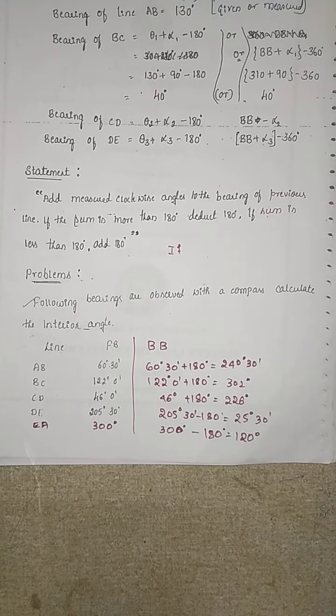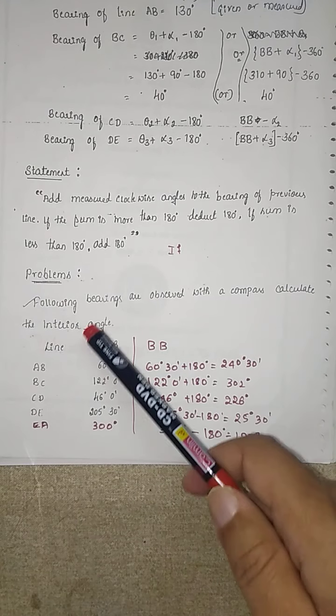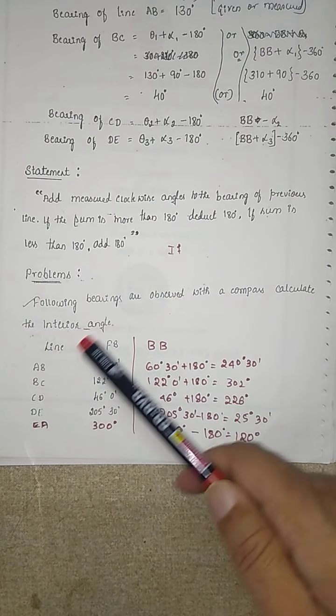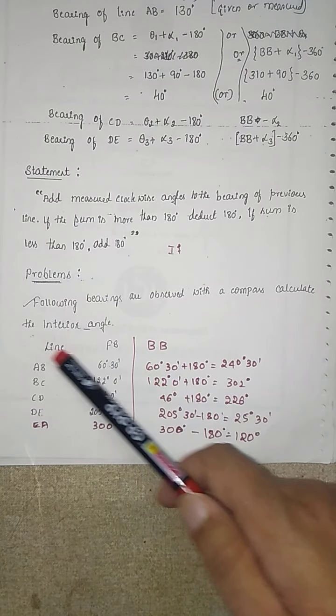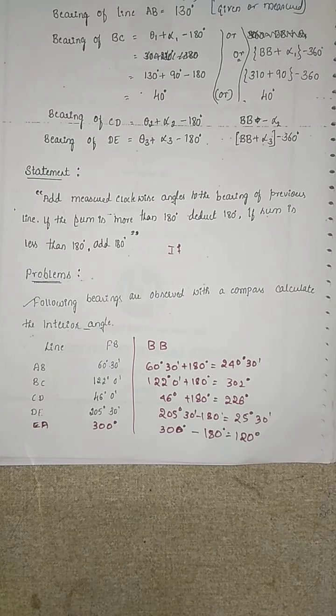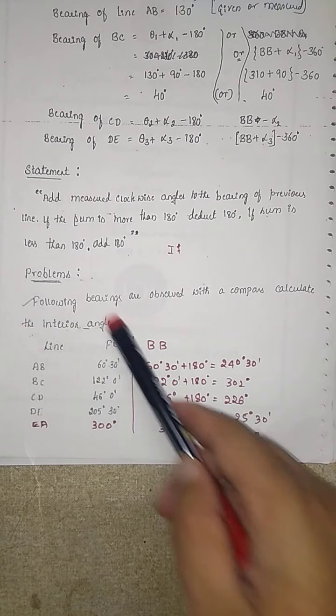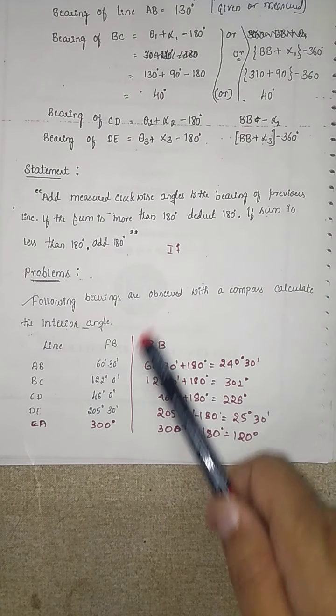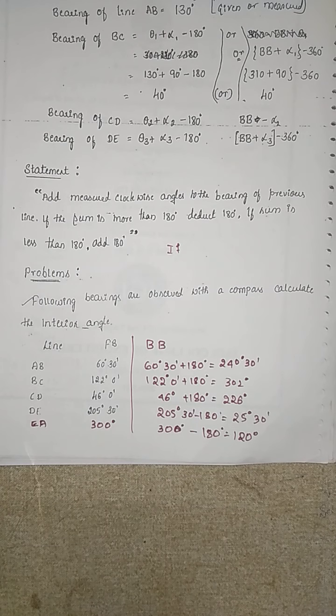In this problem, they have given the forebearings, and you need to determine the back bearings first. I have told you how to calculate the back bearing, and we have also solved problems in the last classes on how to calculate the back bearing if the forebearing is given.